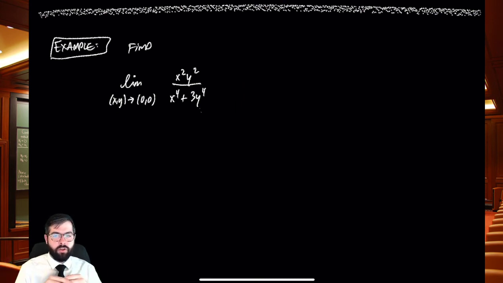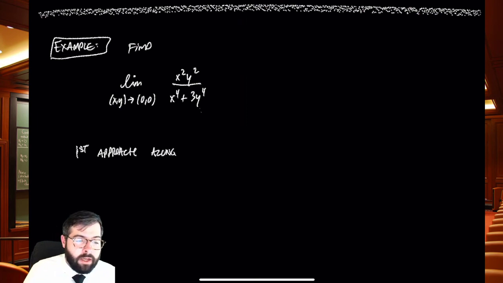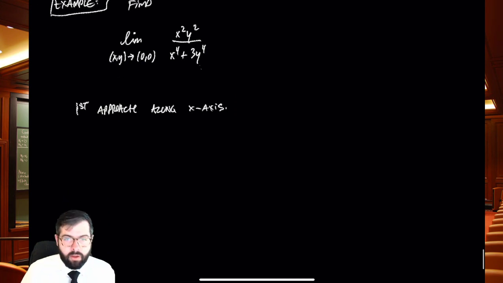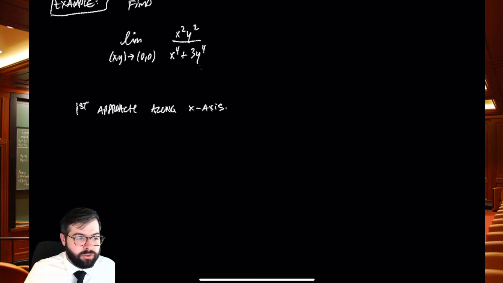Okay, so what we want to do is first approach, if it makes sense, this is a good way to go, along the x-axis. Why would we do that? Because along the x-axis, all your y values are 0, right? So it's a good way to simplify the problem and see what's happening as we get closer and closer to the origin.